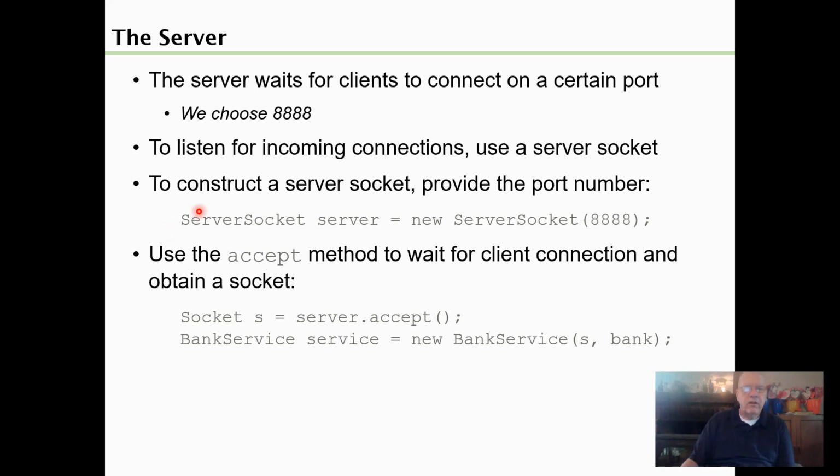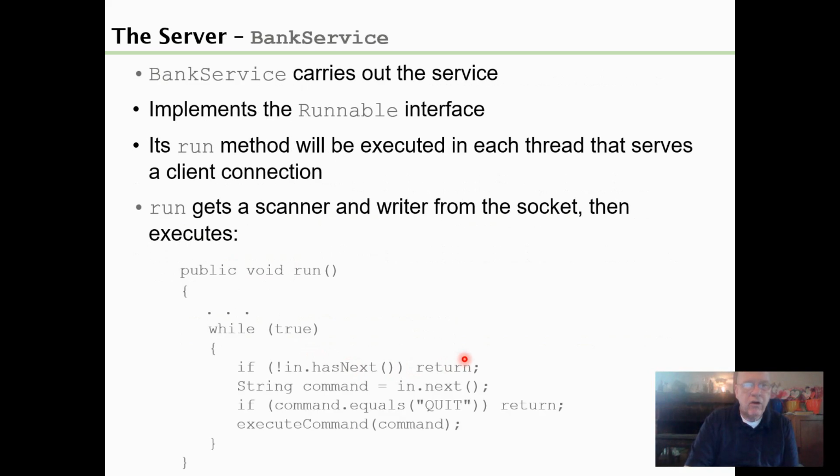And then the server goes into accept mode, and it calls the accept method, which waits for a client connection. Now, the server also creates a BankService in our example case. The next slide will show what BankService is involved with.